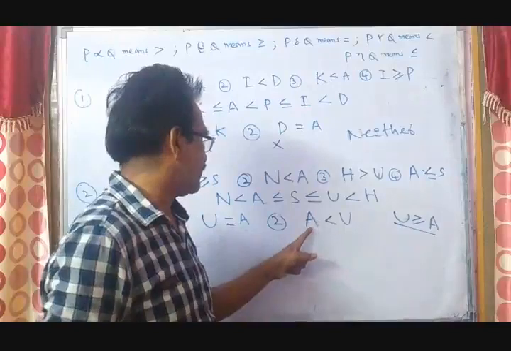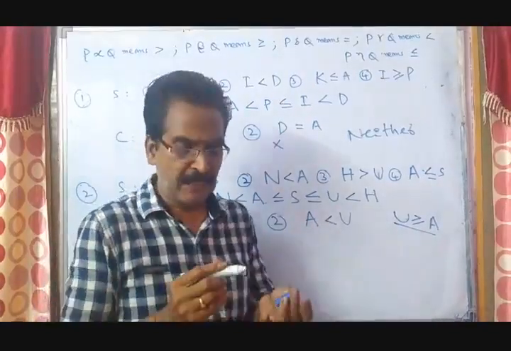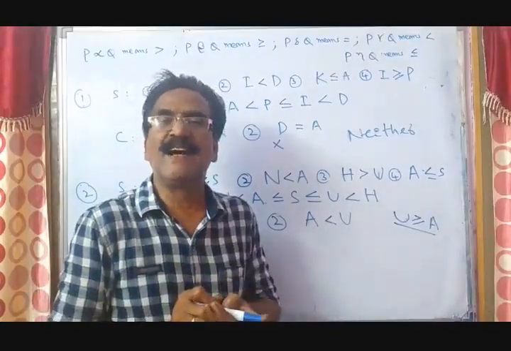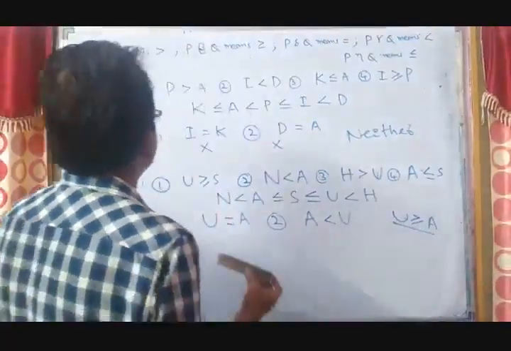One is U greater than A and the other is U is equal to A. So your answer is either U greater than A or U is equal to A. Let us see the next problem, friends.